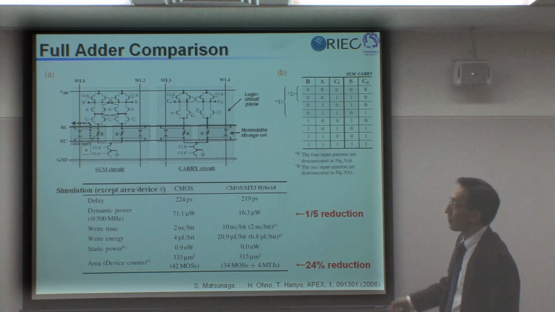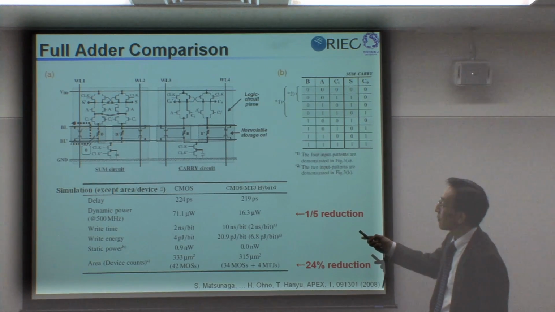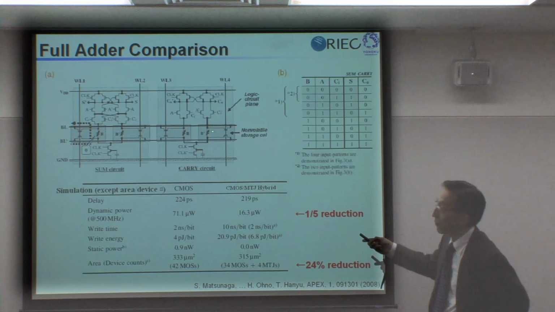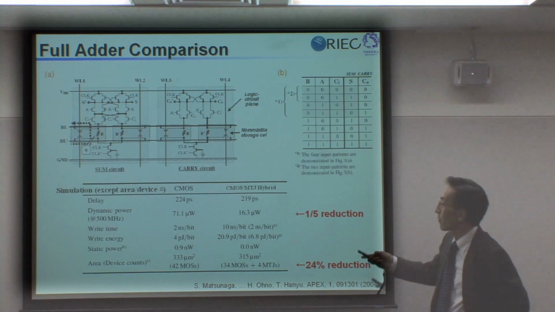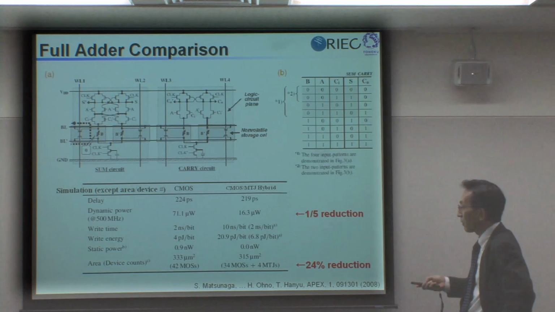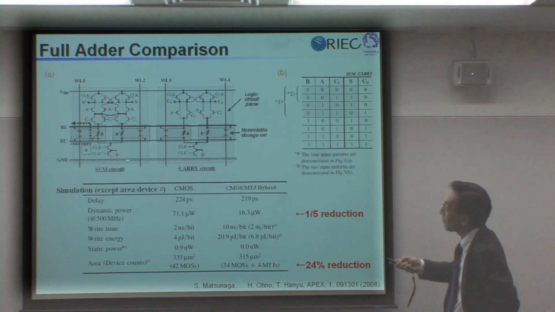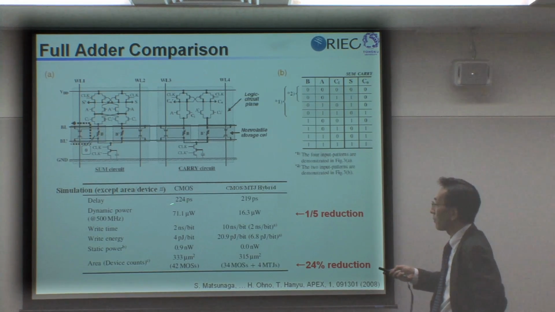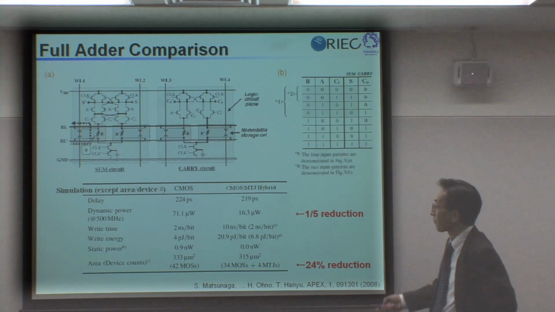I will not go into the details of this circuitry, but the point here that I would like to make is that the magnetic tunnel junctions are part of a logic circuit. So it means that we can reduce the number of transistors, and actually by this circuit design we can also reduce the dynamic power, which is also important.